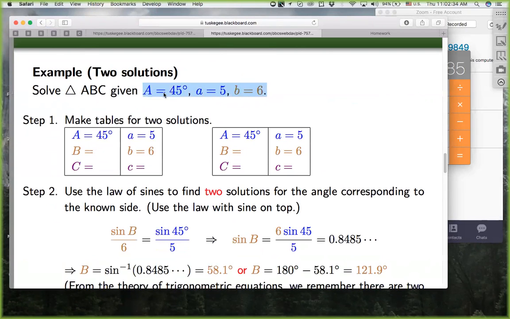So a few numbers are given here. The problem here is when you're given just one angle. If you're given just one angle, it's possible that you have two solutions, or just one solution. It depends. Or you could have no solutions. It all depends on the question. So I'll show you the two solution case.